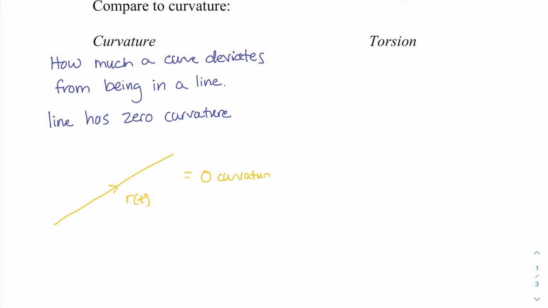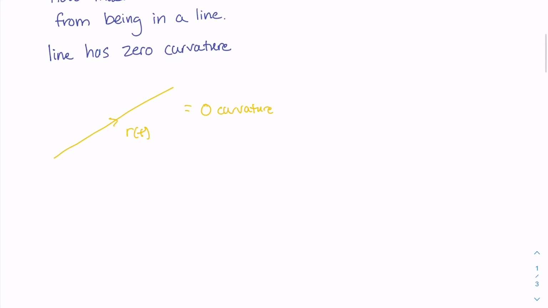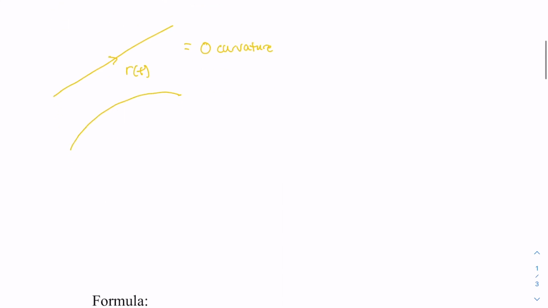And then the farther that our curve deviates from being a line, curvature will increase. So this would have a moderate amount of curvature, this even more so, and then we could really get sharp with the turn, and curvature will increase for these curves.